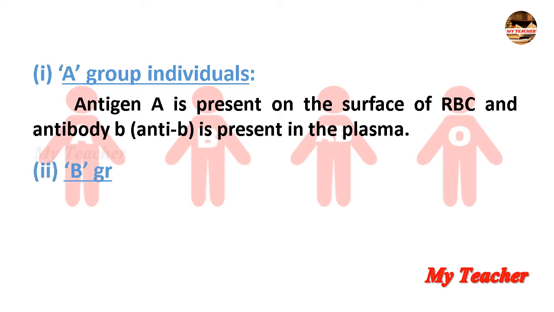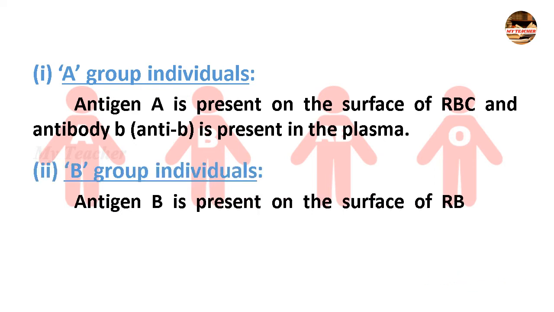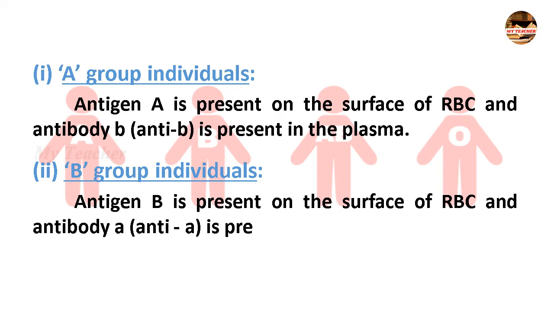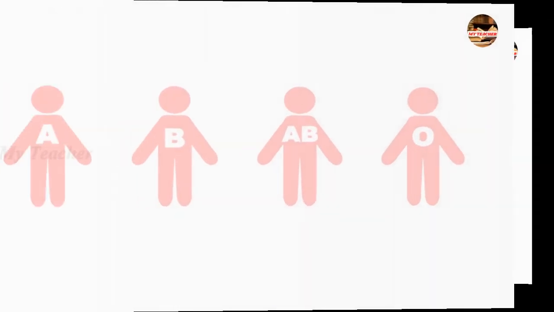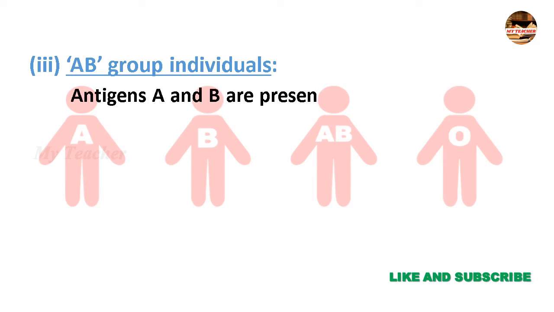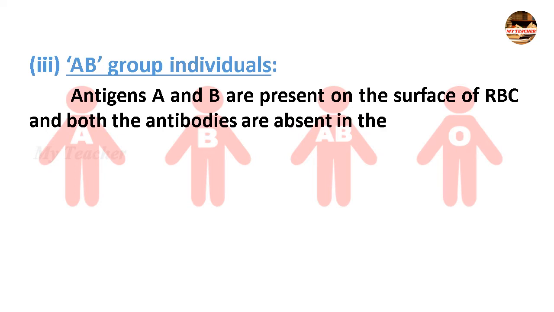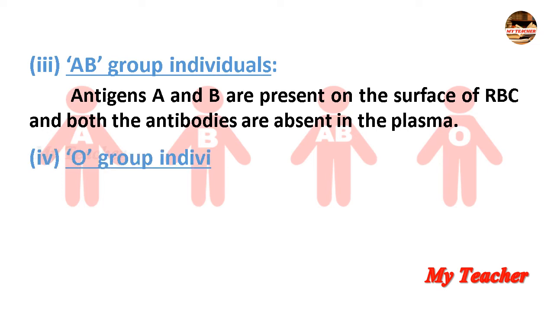B group individuals: antigen B is present on the surface of RBC and antibody A, that is anti-A, is present in the plasma. AB group individuals: antigens A and B are present on the surface of RBC and both the antibodies are absent in the plasma.